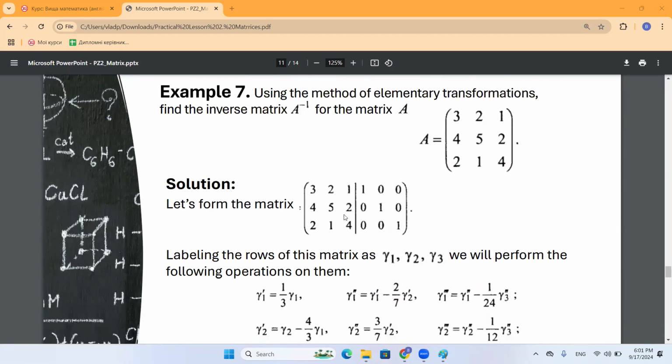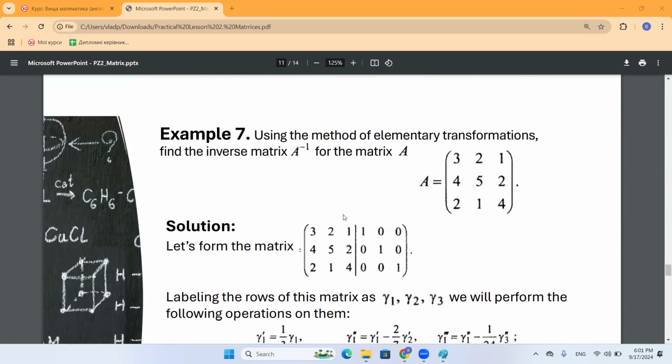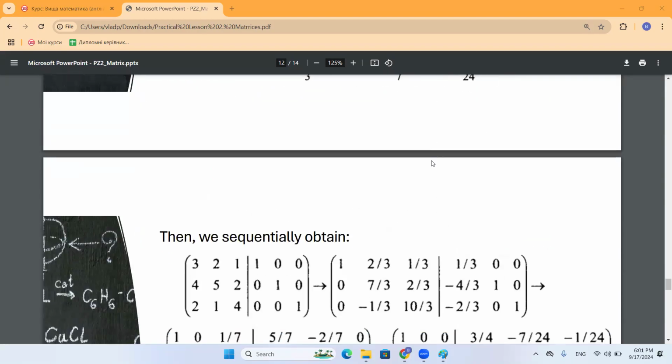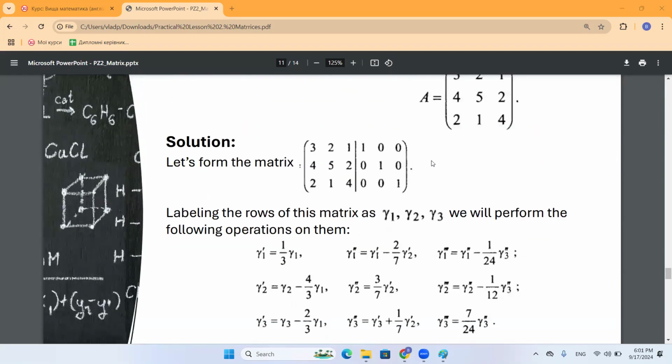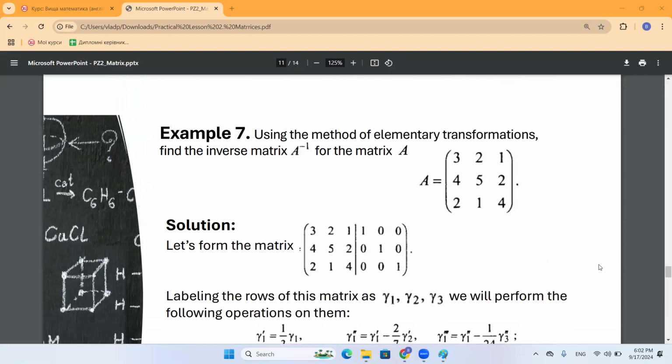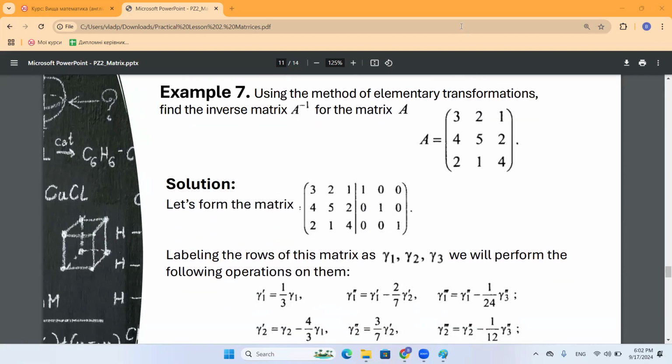Oh, okay, that's great that you have such experience. And have you experience of inverting the matrix with elementary transformations or not? Not in practice. Okay, so you didn't have such an example with the inverse matrix, but with the rank calculation you had.